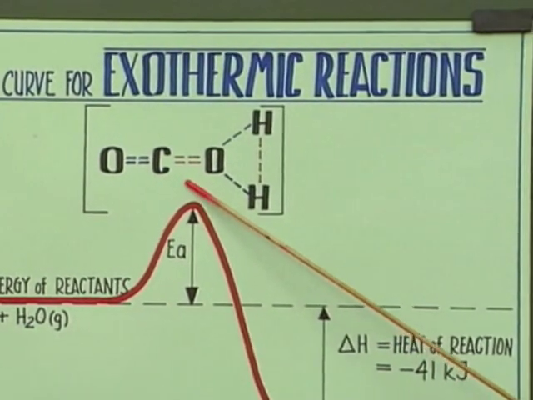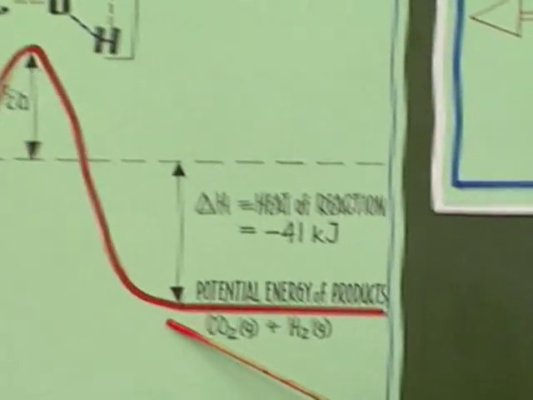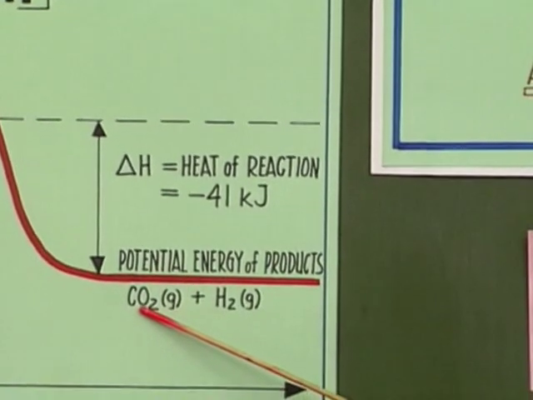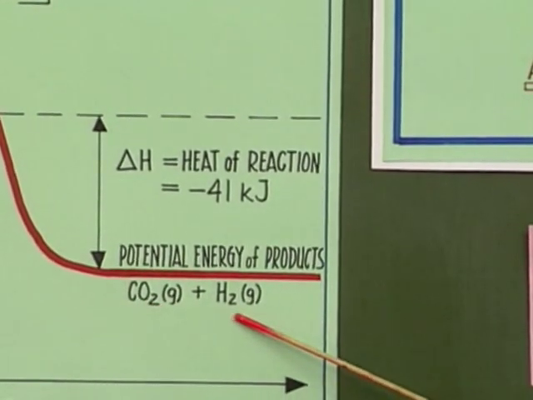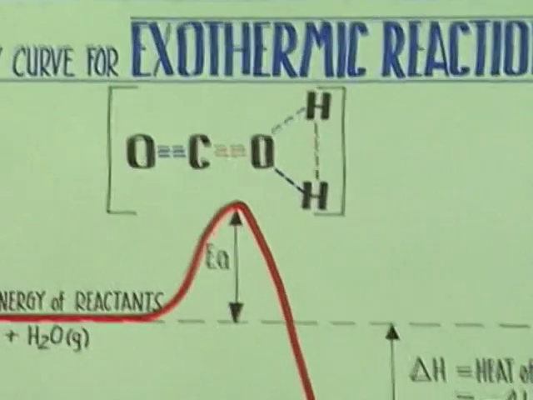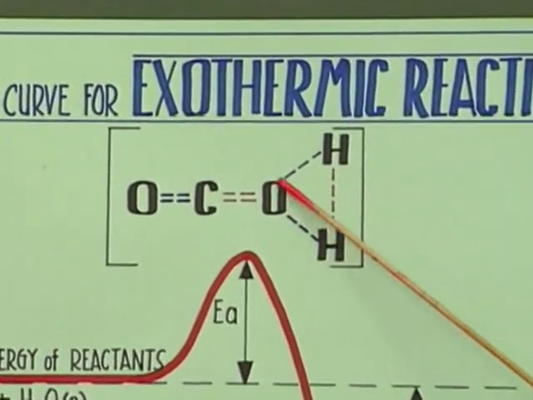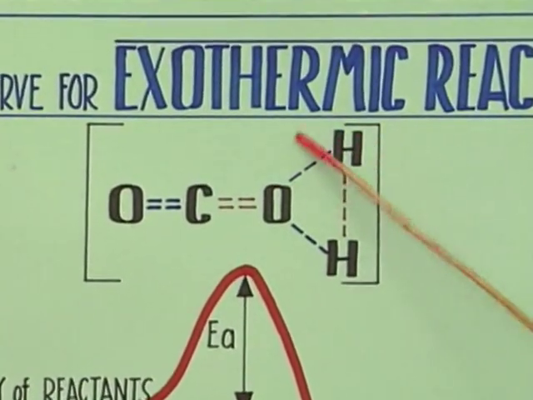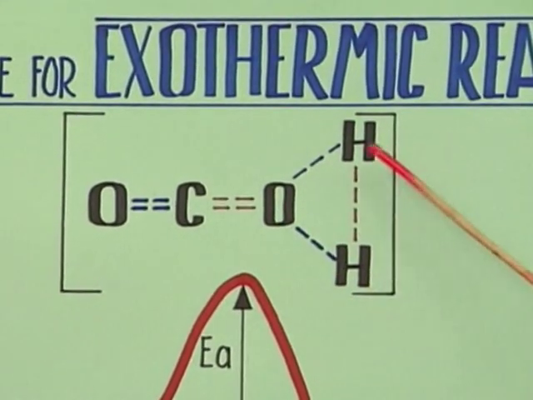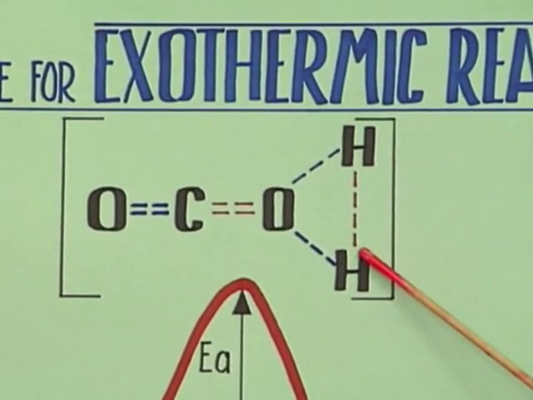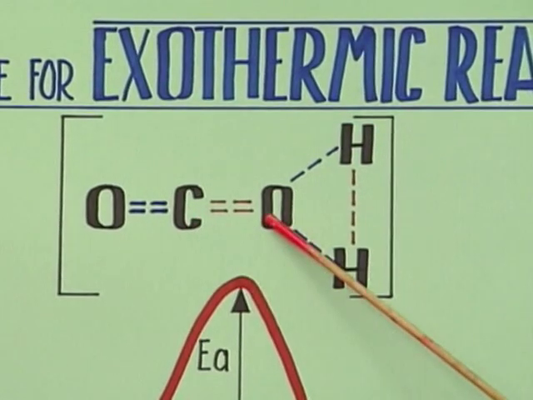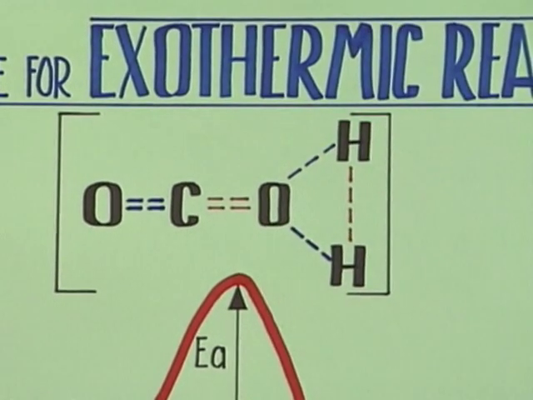And these activated complexes can decompose to produce the final products, carbon dioxide gas and hydrogen gas. This happens when the existing bonds between the oxygen and hydrogen atoms are completely broken, and the new bonds between the hydrogen atoms and the carbon and oxygen atoms are completely formed.